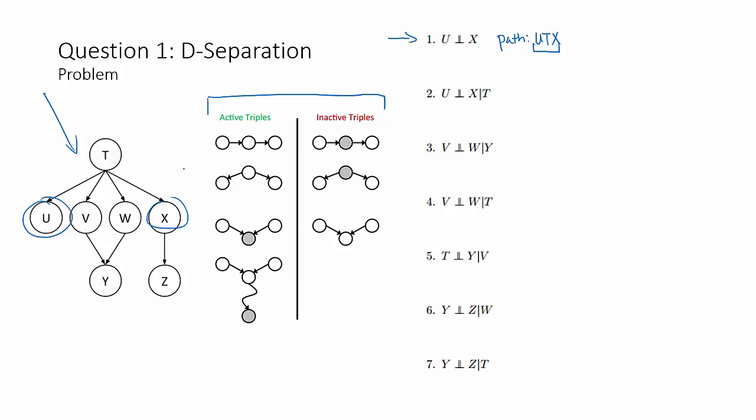This triple is a common cause triple with the middle node unobserved, and so we have this one in this box. This is an active triple. And since all the triples along this path are active, this path is active. Since we have found at least one active path, we return that it's not guaranteed that u and x are independent.